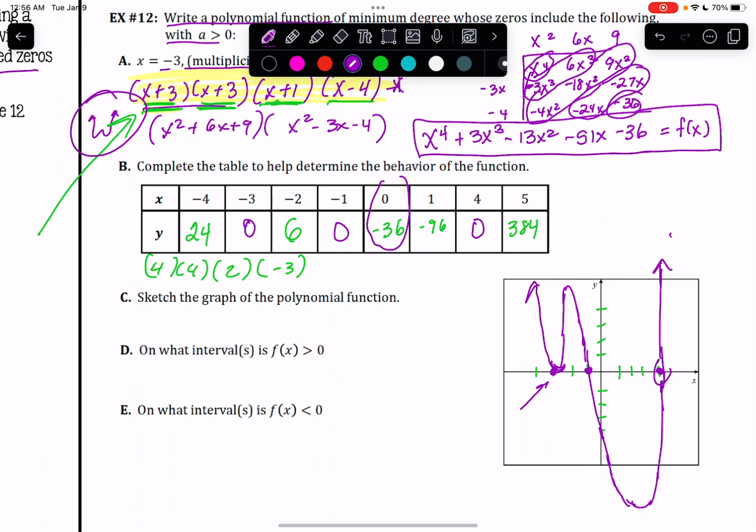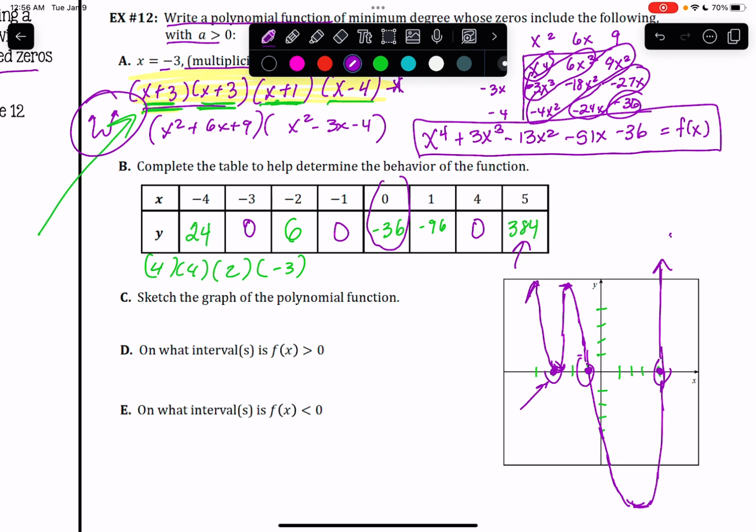We have our zeros. And now the only thing we haven't graphed are these maximums and minimums, which right now you couldn't figure out without a calculator. They try to give you some other points to help you out. But these are so big, I don't see how you could make it that great. But at -2, you're up here at 6, so I did that one okay.